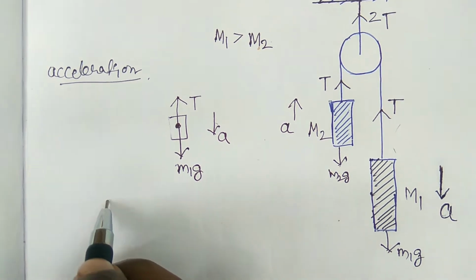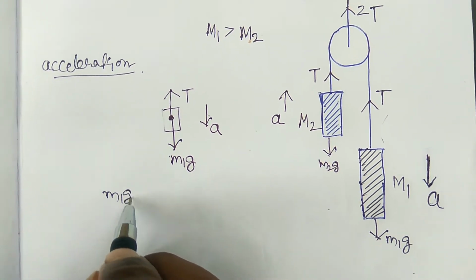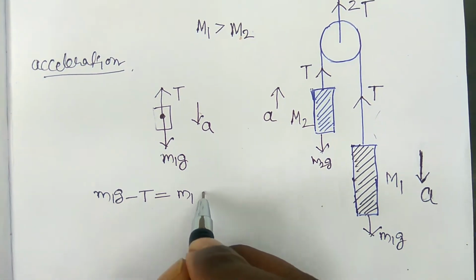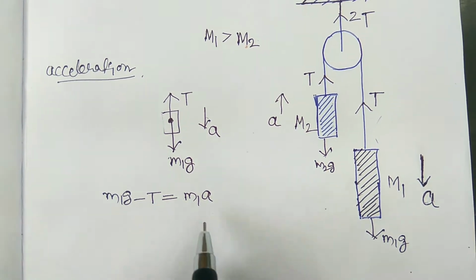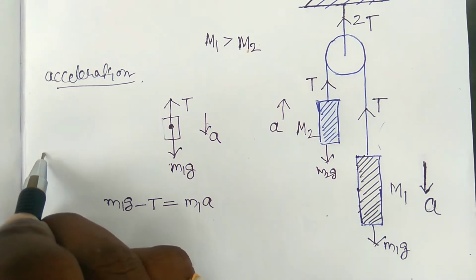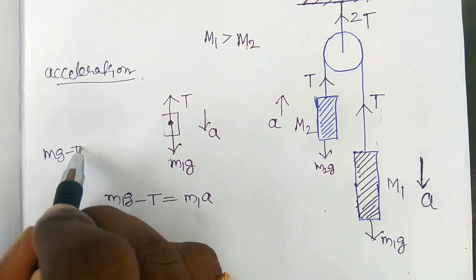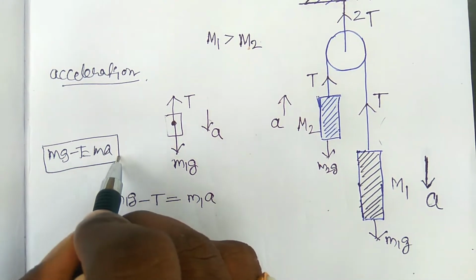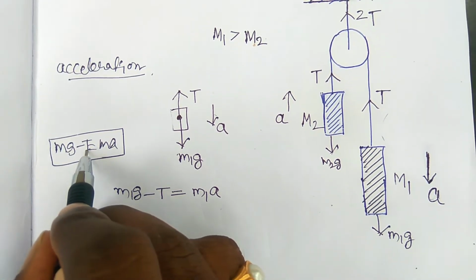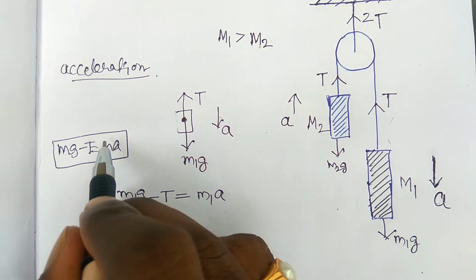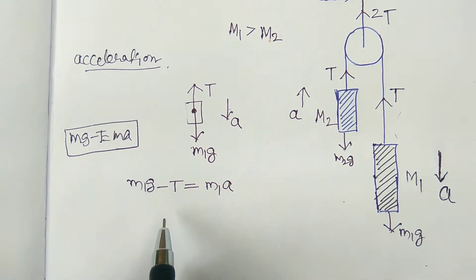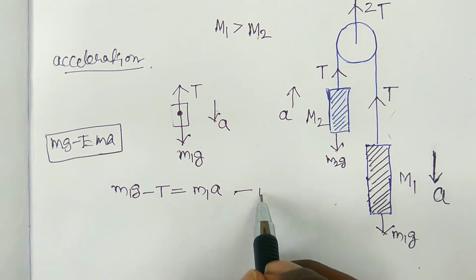From this we can write the equation m1g minus T is equal to m1a. So the basic equation is mg minus T equals ma, where mg is the weight of the body, T is the tension in the string, and ma is the net force acting on the body. So this is equation 1.